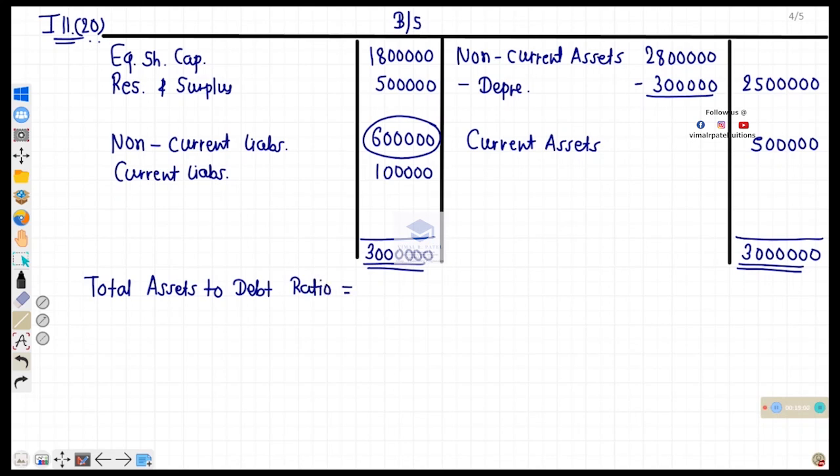Total asset to debt ratio: 30 lakh divided by 6 lakh. That is total asset divided by non-current liability. 5:1. Clear?